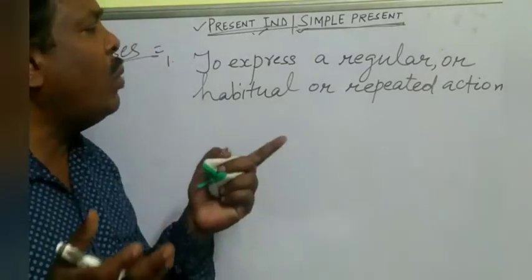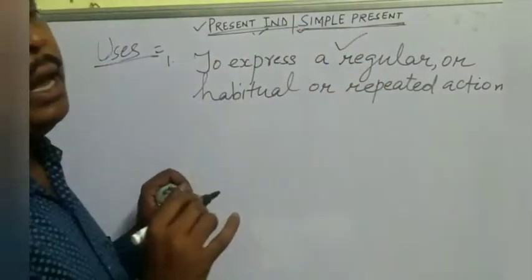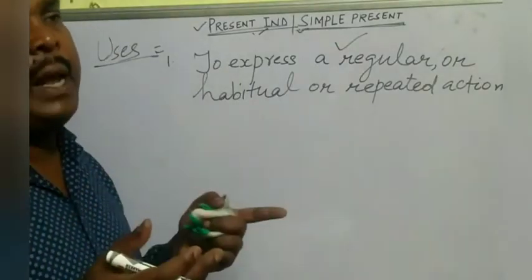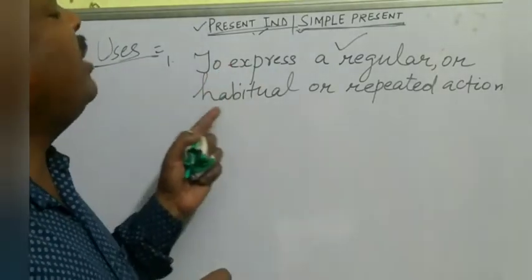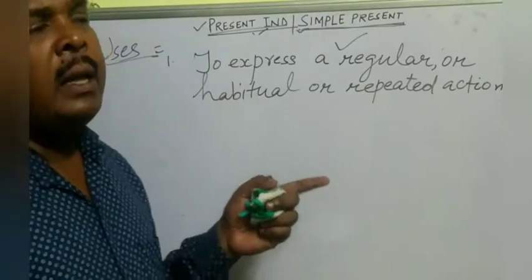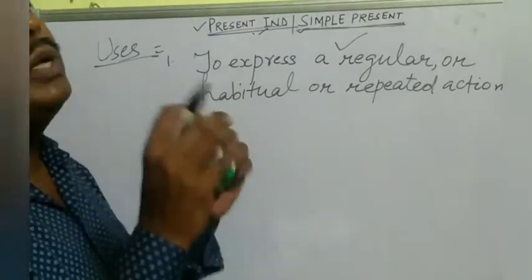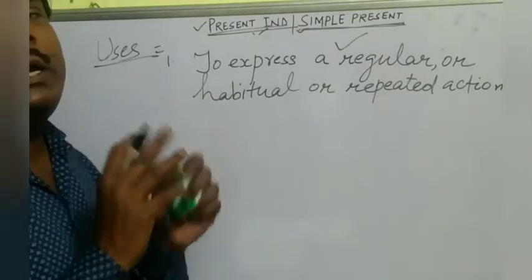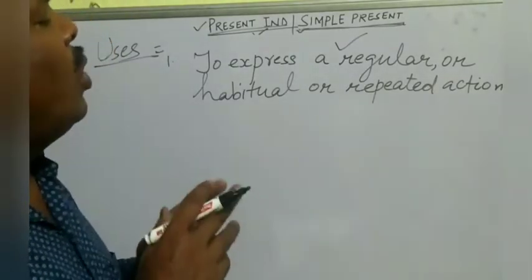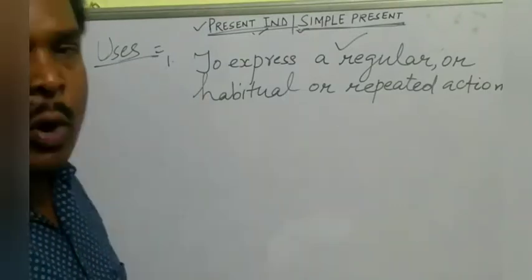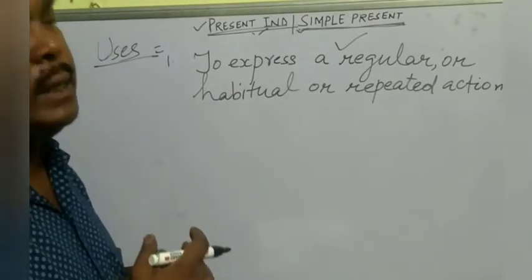If we are going to write an action that we do regularly or habitually or repeatedly, then we must speak or write those sentences in present indefinite. Is it clear? So regular, habitual or repeated actions are spoken or written in present indefinite tense.